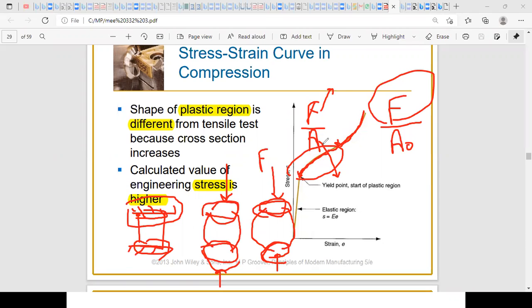When you take the effect of both, the increase of F and the decrease of A, you will observe that the true stress strain curve in compression is very similar to the one in tension, but you don't observe necking. The necking effect is only characteristic of tension. In compression, you don't have this. You will still have an increase in the area, okay?